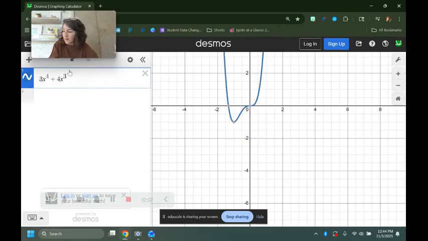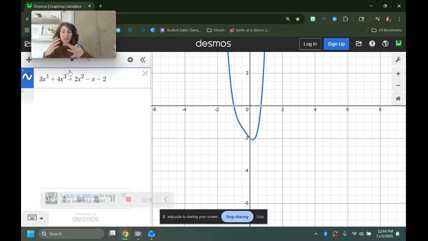So I'm just typing my original function. Use this resource. This is a good resource to check. You could even do it before you calculate the roots just to see what there is. Okay, so looks like there's a root here at negative 1. We know that because x plus 1 factored out. And the other one is here.